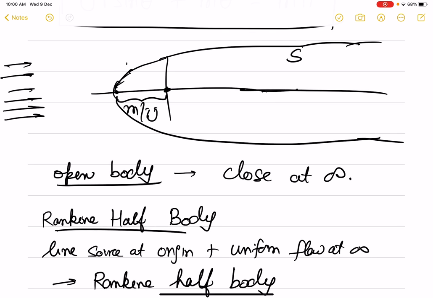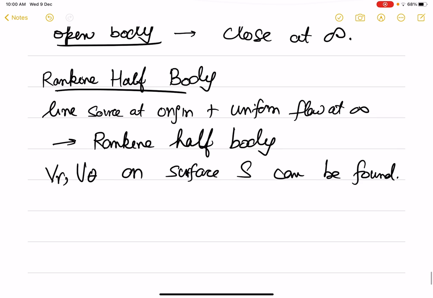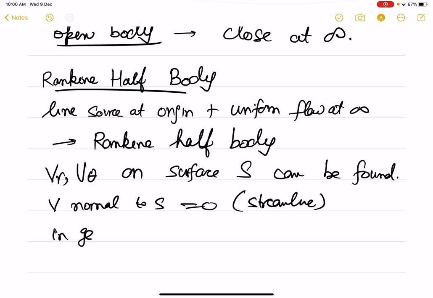What is zero is the normal component of velocity to S. Velocity normal to S will be zero, and this comes because it's a streamline. But in general, Vr and V theta on S will not be zero.